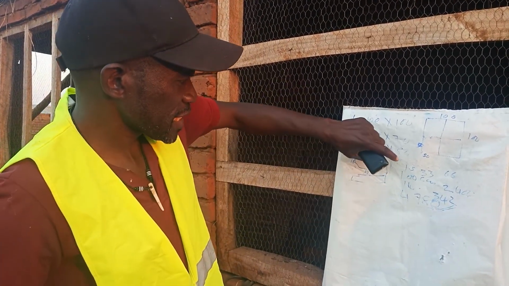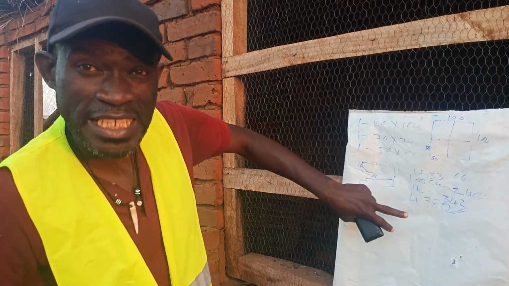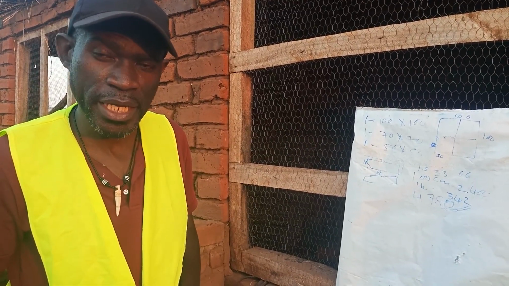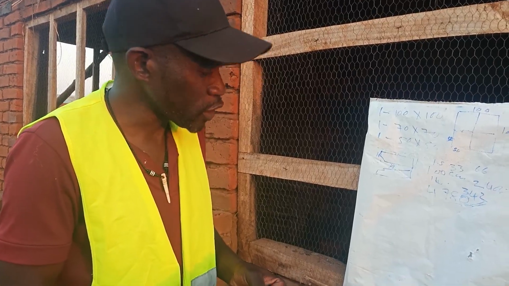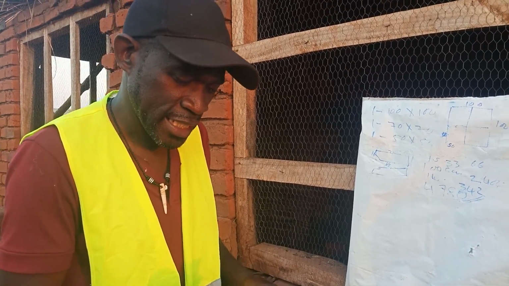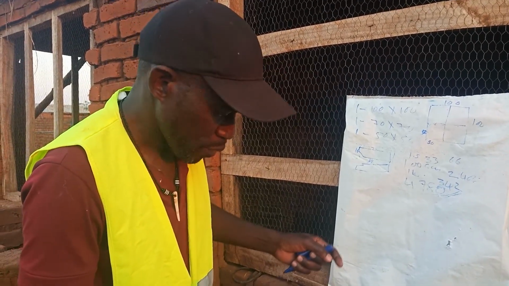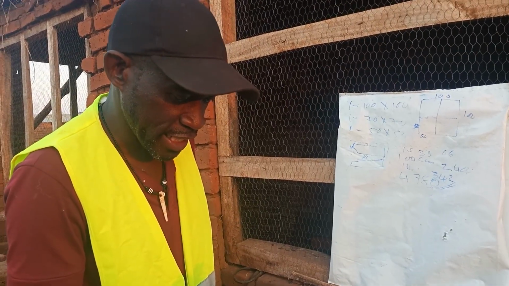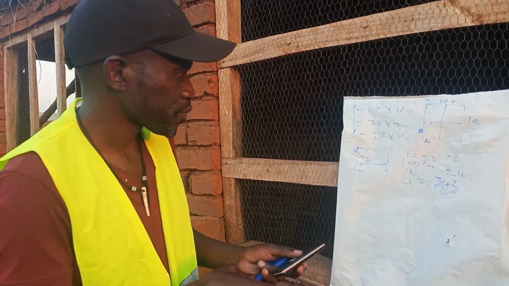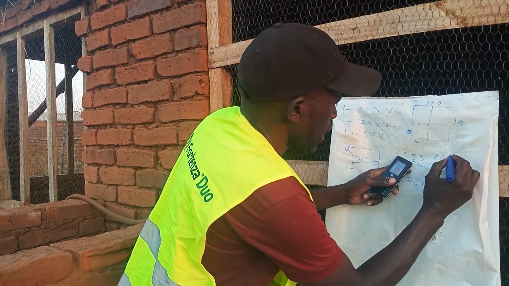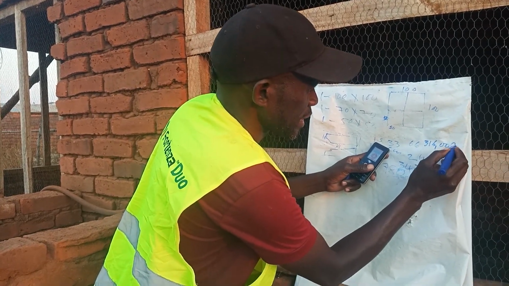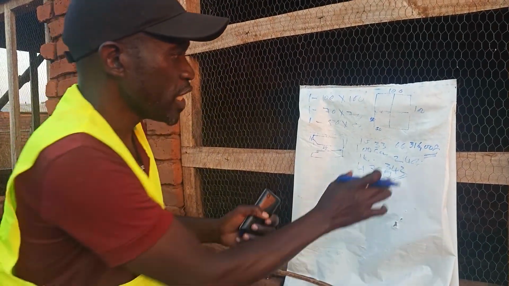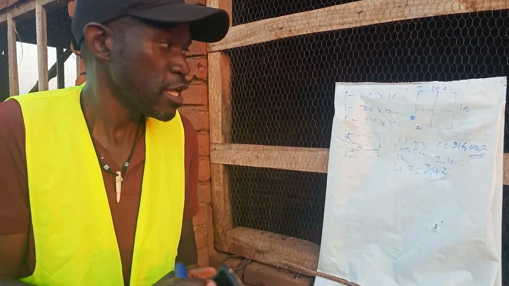Now, since we've got 66 beds, we are going to multiply 66 times 4,788, which is going to give us 316,008. So this is a plant population for what?